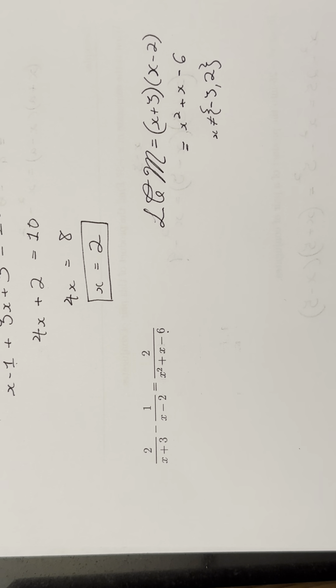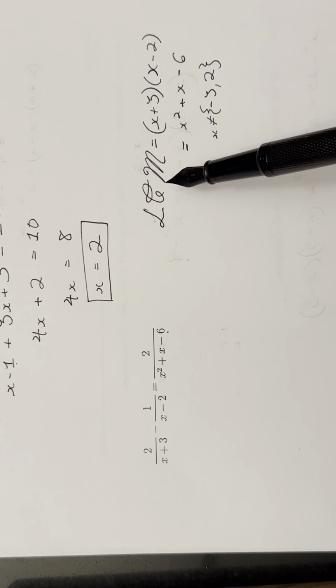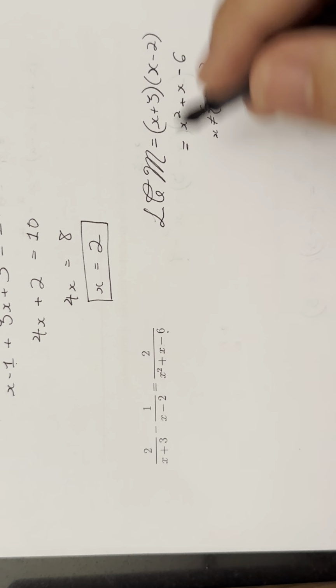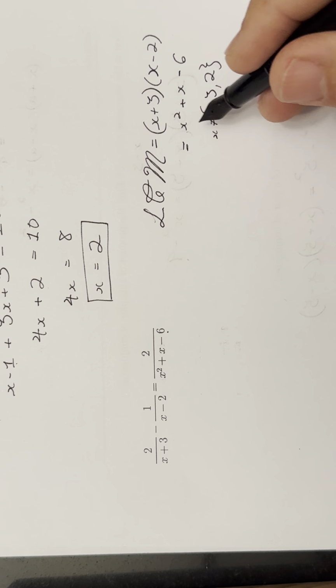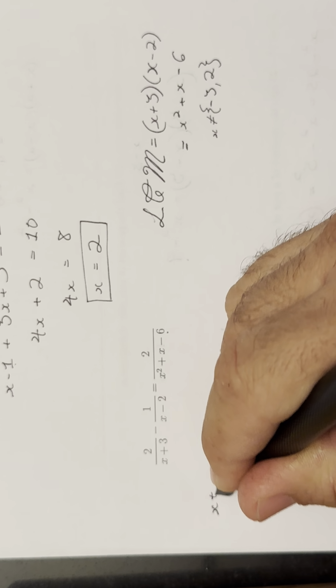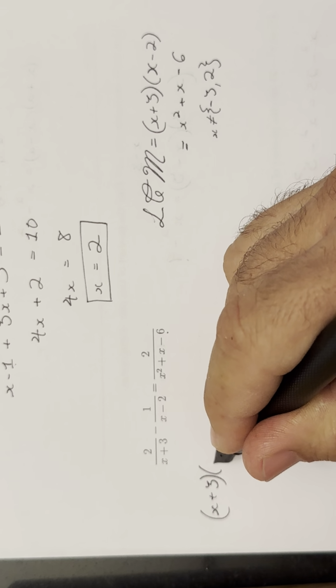All right, so moving forward, we're going to multiply the LCM, the lowest common multiple, on both sides of the equation. And on the left side, I'm going to use this expression. On the right-hand side, I'm going to use this expression. So we have x plus 3 times x minus 2.